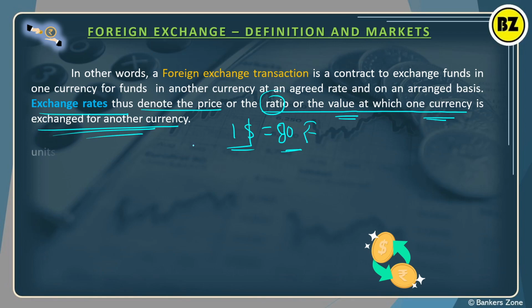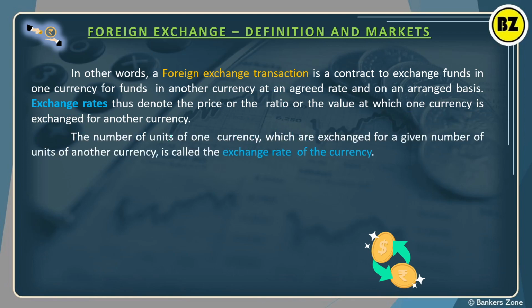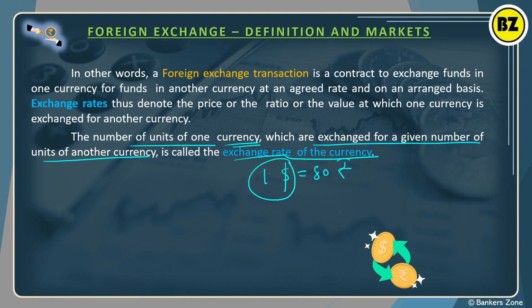Simple, right? Now see further, the number of units of one currency which are exchanged for a given number of units of another currency is called the exchange rate of the currency. For example, $1 is equal to 80 Indian rupees. That means $1 is exchanged for a given number of units of the other currency, meaning 80 units.